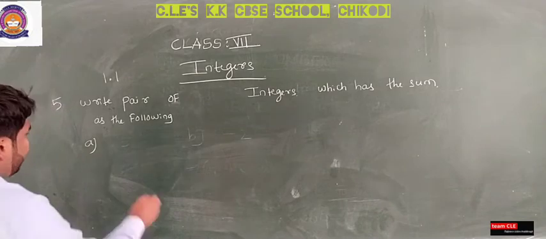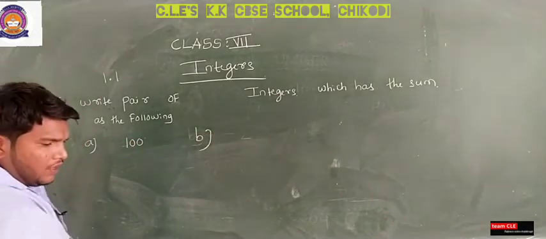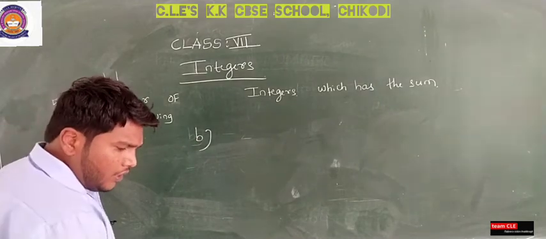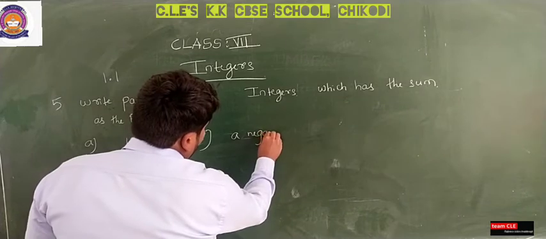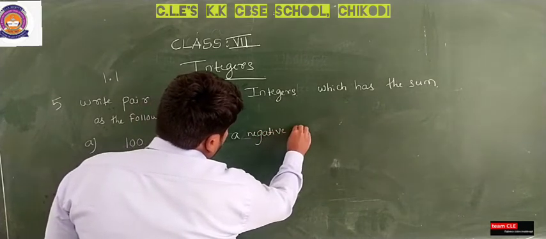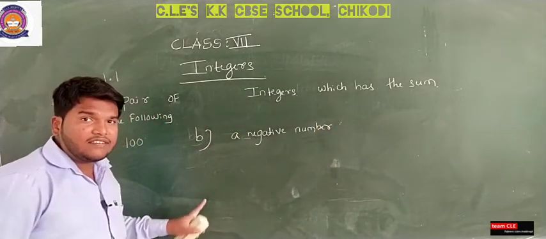I will take two examples from the fifth question. The first is 100, and the second one I will choose as a negative number. This is from your exercise part.